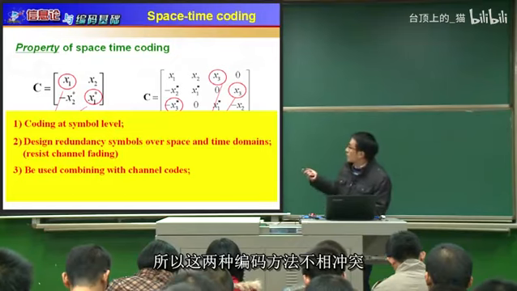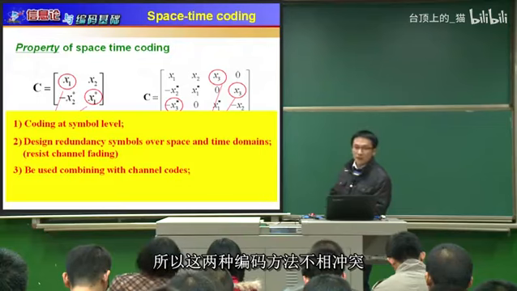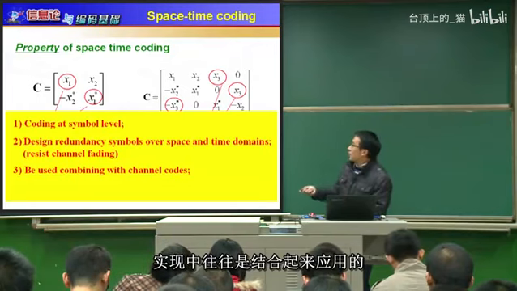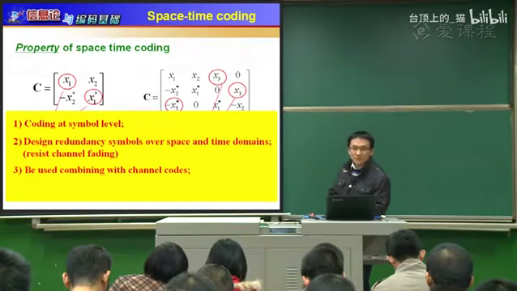So these two kinds of coding method can be used at the same time. Space-time coding can be used combining with channel coding. This is the third property.